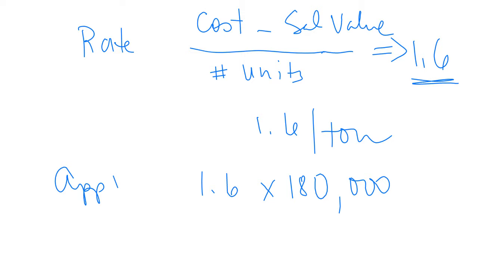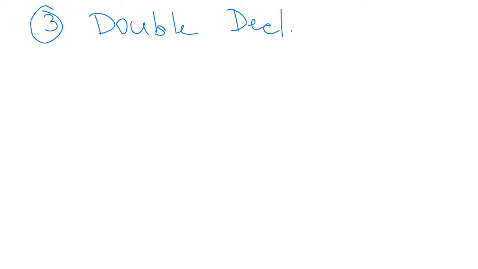All right, so let's talk about the last depreciation method. The last depreciation method, so this is number 3, is the double declining. So this is an accelerated method of depreciation.